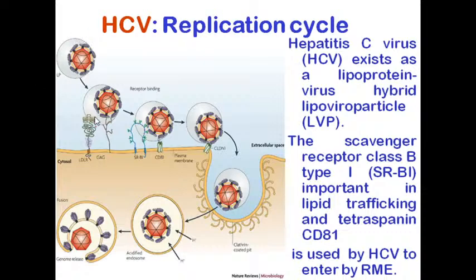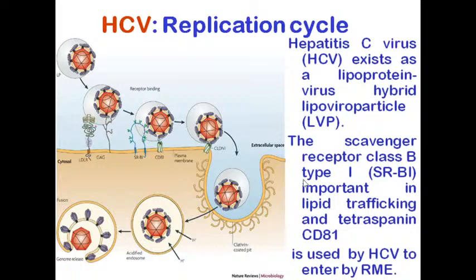And what kind of receptor is used? The so-called scavenger receptor class B, type 1, this is SR-B1, you can see it here. What is the function of this receptor?